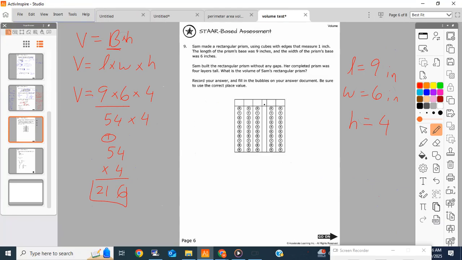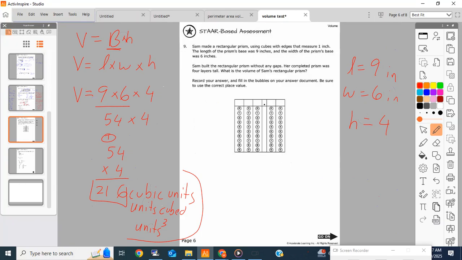And if we had to use the units, that would be cubic units. Or we could write units cubed. Or we could write units to the 3rd power. All of these are acceptable ways to express the units for volume.